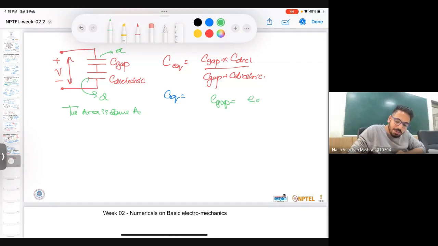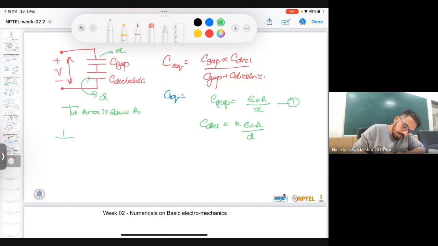The formula for capacitance is epsilon A by D. The gap is given as X. C dielectric is epsilon A by d, and epsilon of this dielectric is given as k times epsilon.